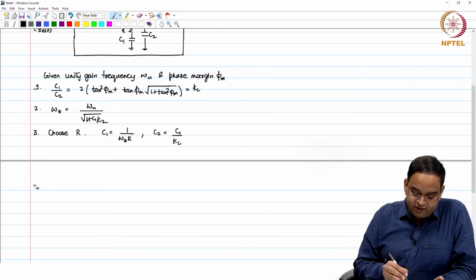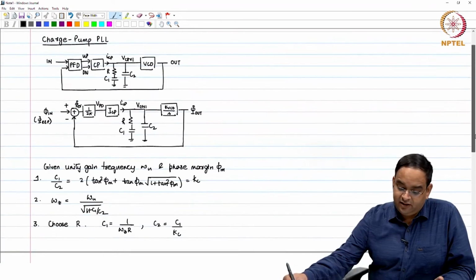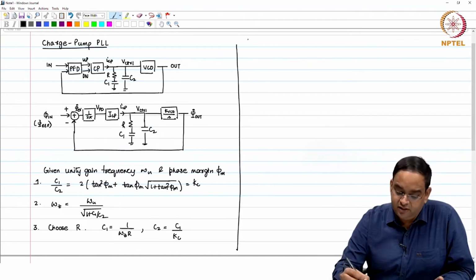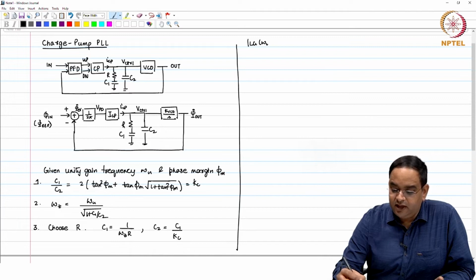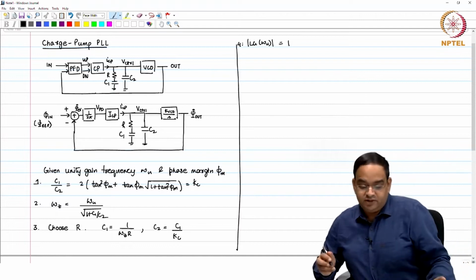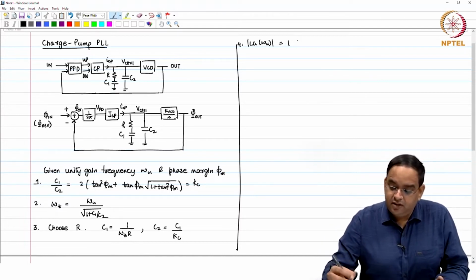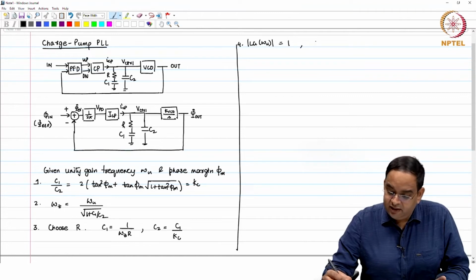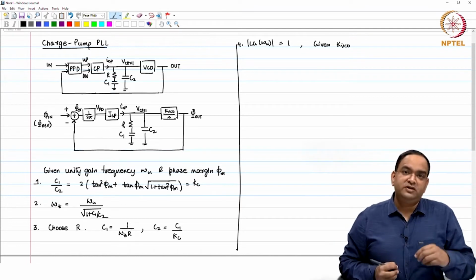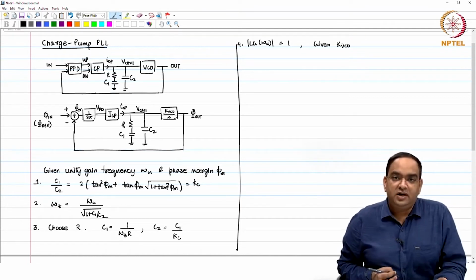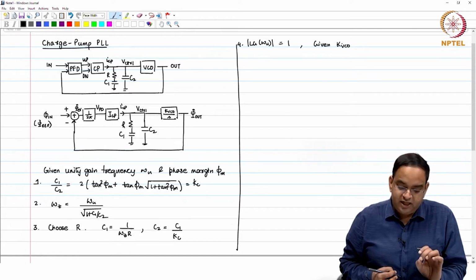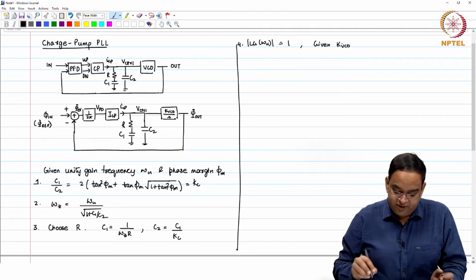Then using the fact that at the unity gain frequency the modulus of loop gain is equal to 1, this is the condition for the fourth variable which we would like to have. Given KVCO also, KVCO is a parameter which you will get while designing the oscillator. So, KVCO is known. So, in the loop gain KVCO is known and other parameters are known.